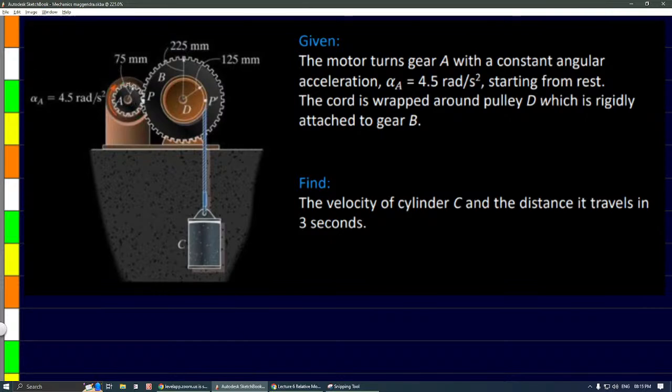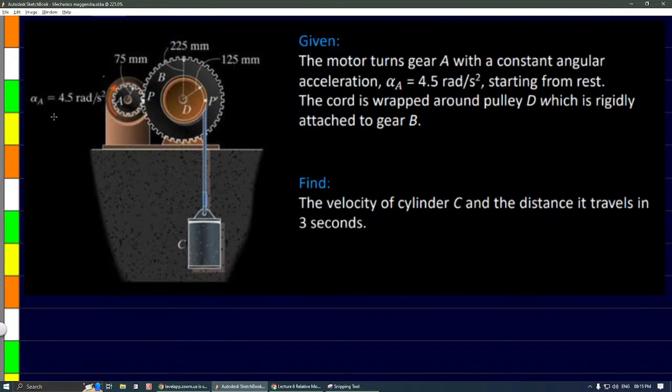Motor is situated behind this. Here we have the motor that is rotating the gear A with constant angular acceleration alpha A, and alpha A value has been given as 4.5 radians per second square, and it is starting from rest.